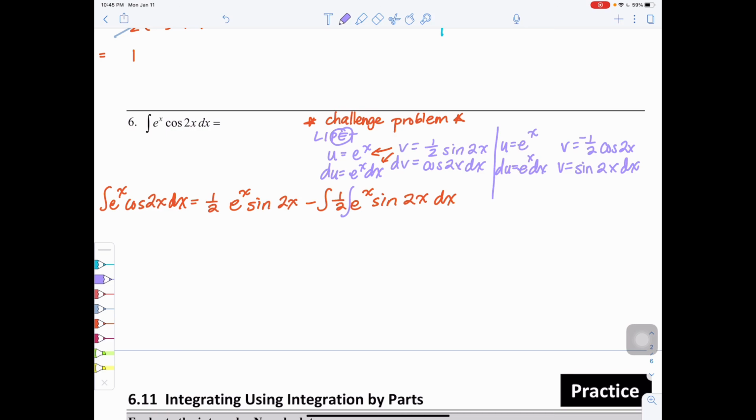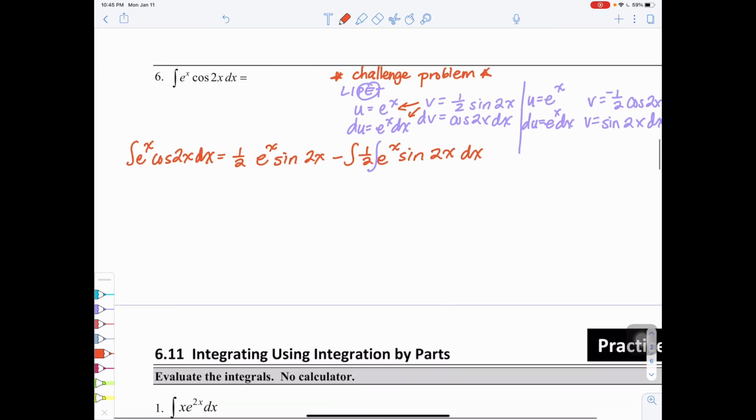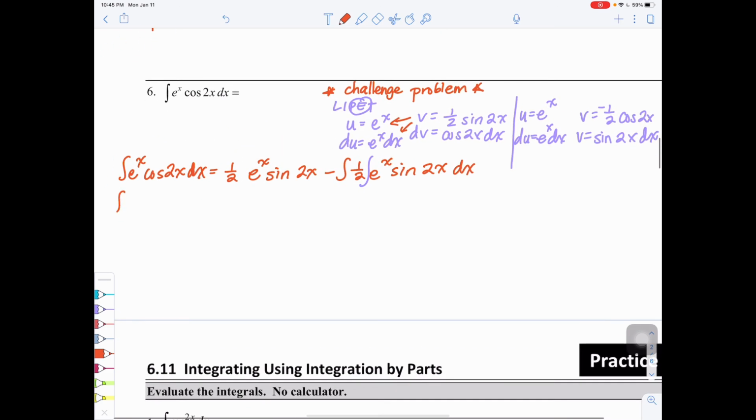So let's see what we got. We want to keep this in equation form, the integral, and you'll see why in a moment. The integral of e to the x sine 2x dx is equal to 1/2 e to the x sine of 2x minus 1/2. And now I'm going to use a bracket, because remember, we're going to use parts for this integral right here.